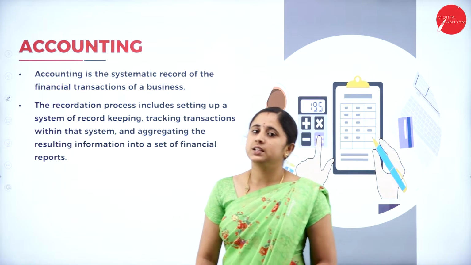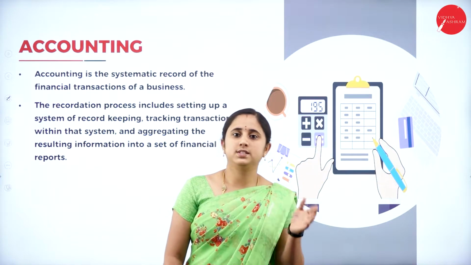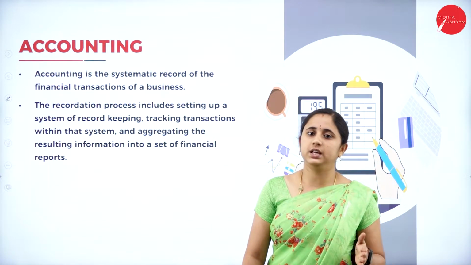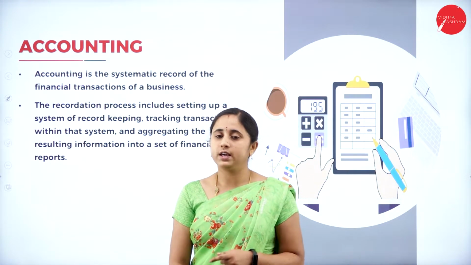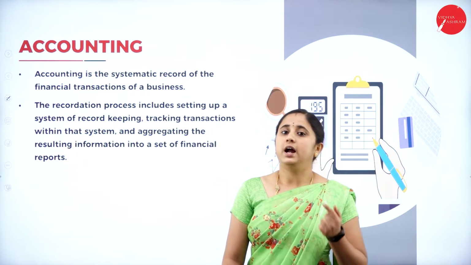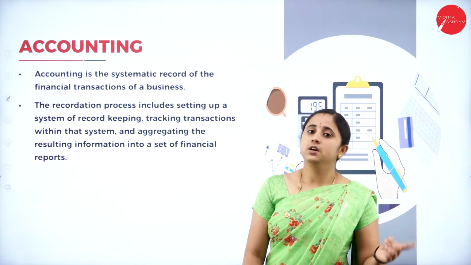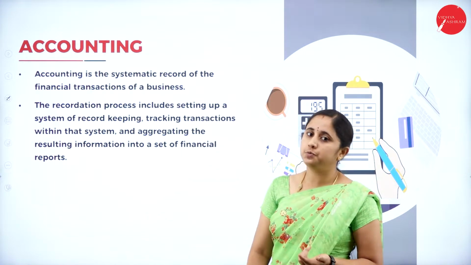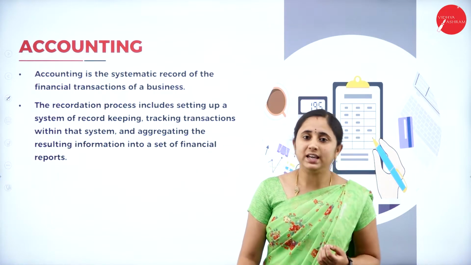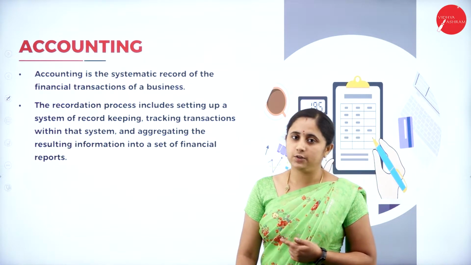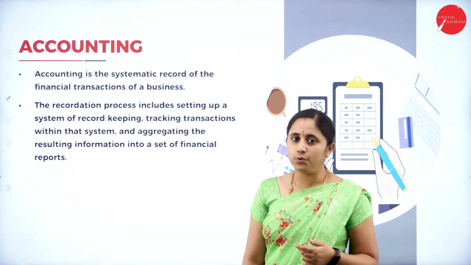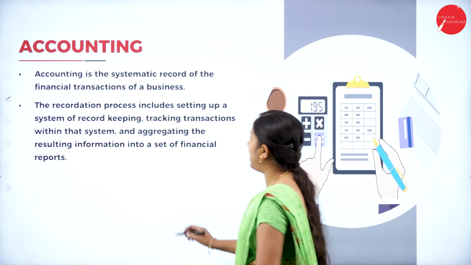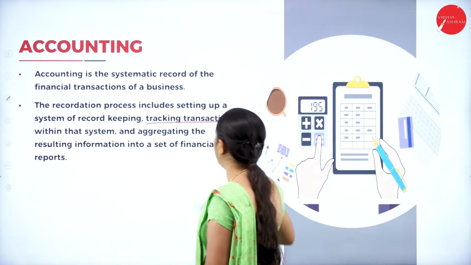That means in the last class we discussed the meaning of accounting. Accounting is a process of recording all the business transactions and tracking the information. After recording all the transactions, whenever you want the information, it should be in a way you can easily identify. So it should track the transactions.